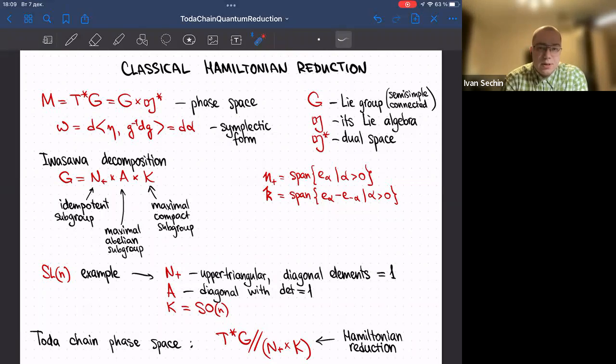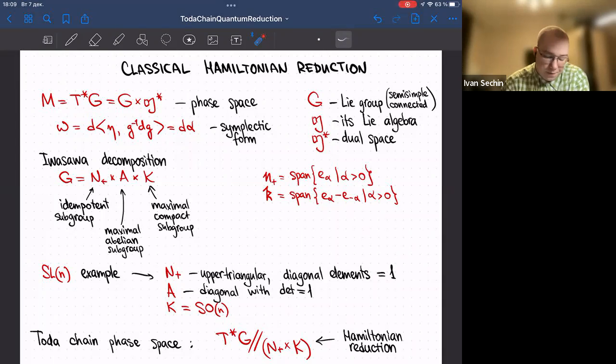Well, let's start from classical Hamiltonian reduction for the Toda chain. We should start with the coadjoint bundle to a Lie group. Here G is a Lie group, small g is the Lie algebra, and G star is the dual space.